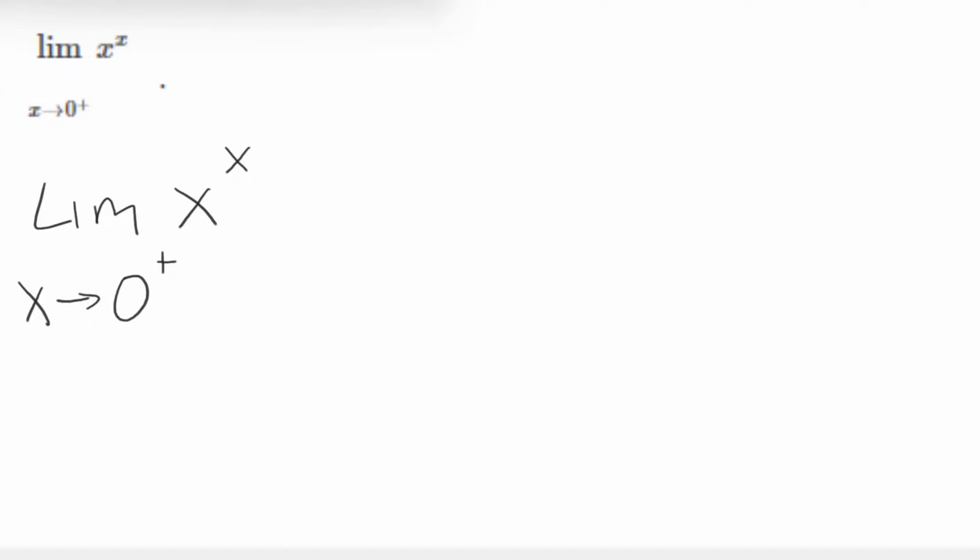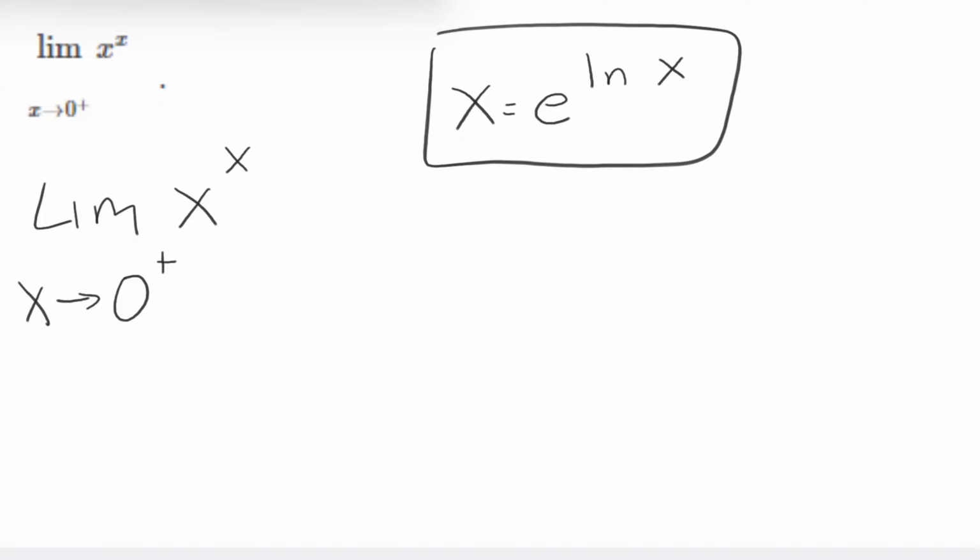Okay. So this is where learning how to play around with things comes into play. So I can say x is e to the ln of x. That's the same thing, correct? Is this true? That's the question. Kind of what I just did with the y, right? Okay, so because the e and the ln cancel out, so that's just x.